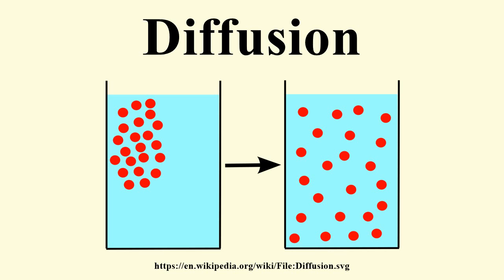In the phenomenological approach, diffusion is the movement of a substance from a region of high concentration to a region of low concentration without bulk motion. According to fixed laws, the diffusion flux is proportional to the negative gradient of concentrations. It goes from regions of higher concentration to regions of lower concentration.